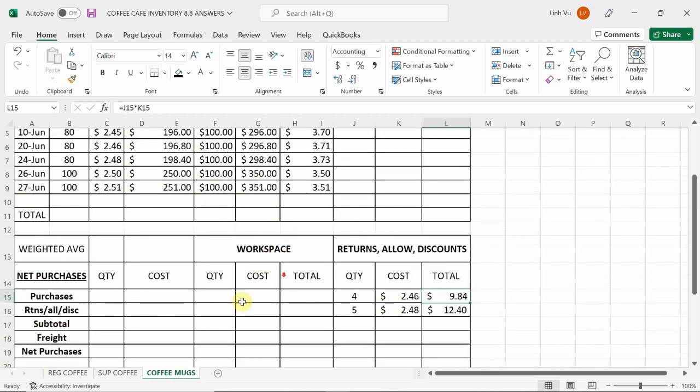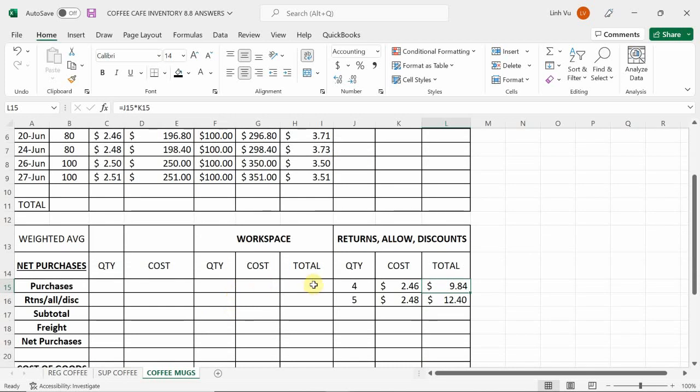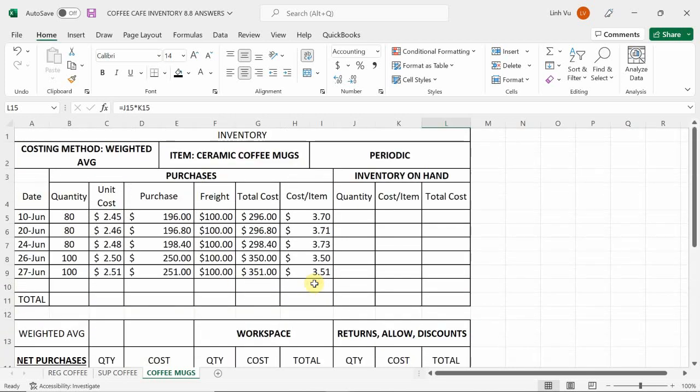If you did your table down here to adjust your inventory accordingly, you didn't have to, because this is weighted average, so it didn't matter anyway. But if you were to do it right, you had 80 and returned 4, so now you have 76.